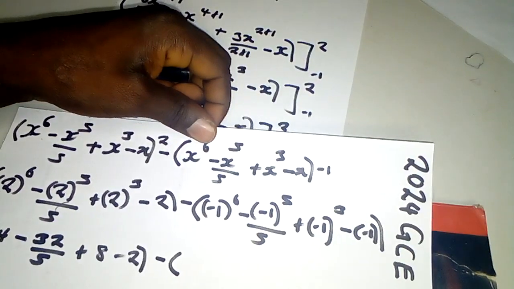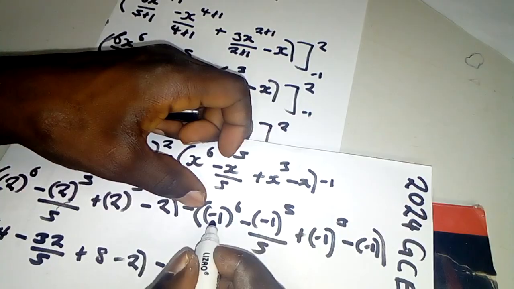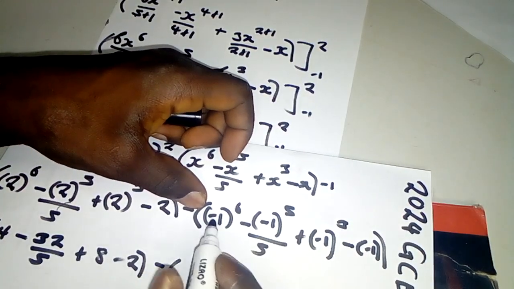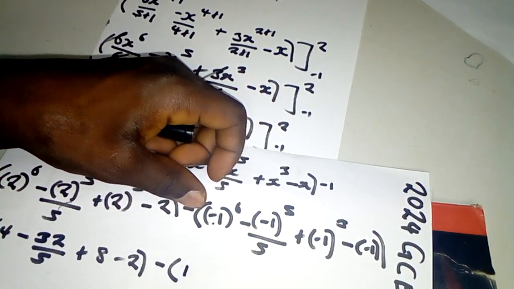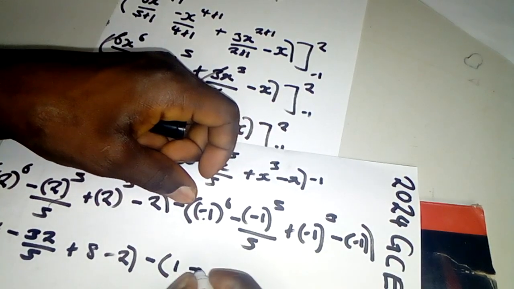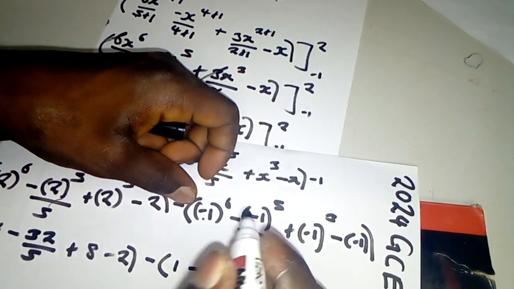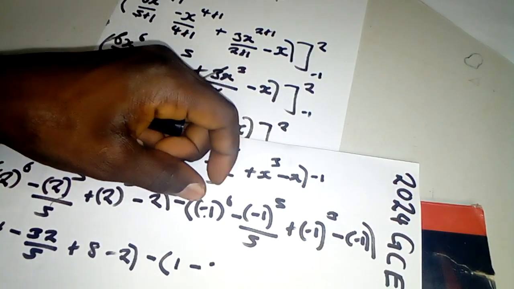So this side we have -1 to the power 6. Here if we multiply a negative 6 times, since it's an even number, we'll get a positive. Okay, so here it is a +1. Minus here, if we multiply -1 five times, we'll get a -1 because 5 is an odd number.